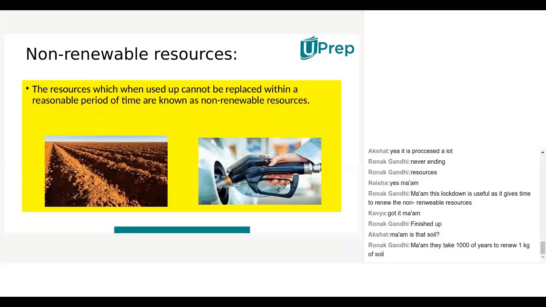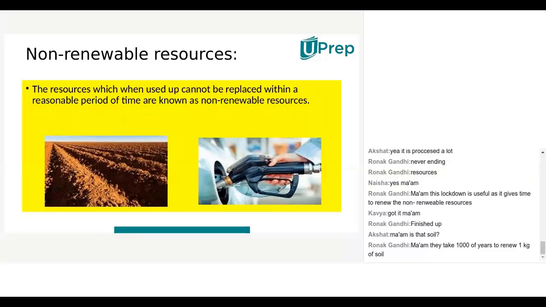Approximately, but exactly, it takes millions of years to replace these natural resources.